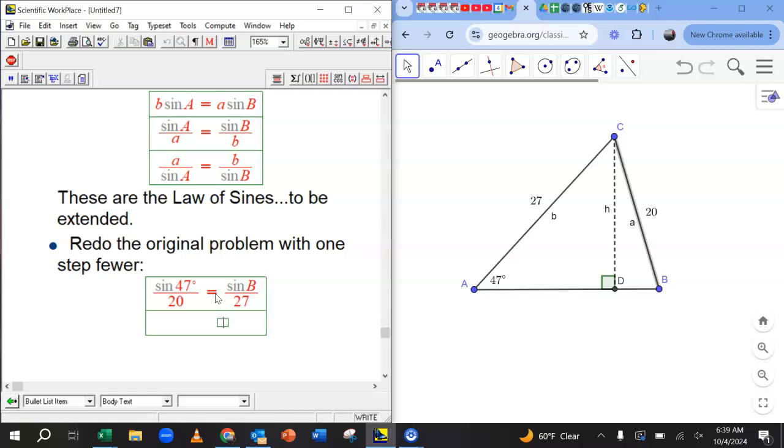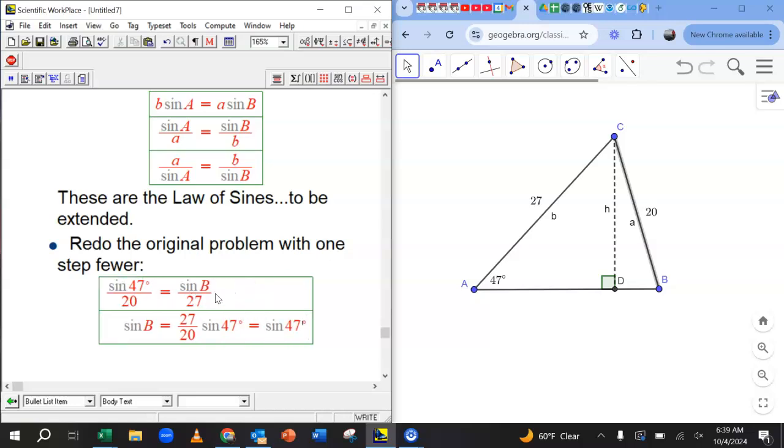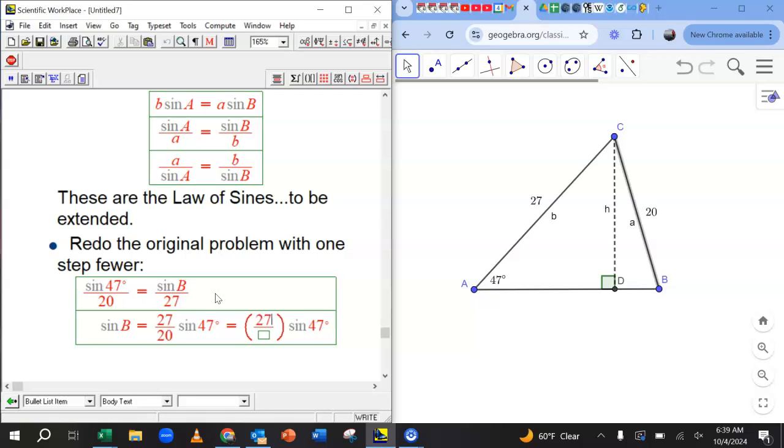We of course do have to do some algebra. So sine b, if we multiply both sides by 27, we're going to get that this is 27 sine 47 degrees over 20. I usually like to write that with the trig part kind of isolated. And then we note that that's modified by taking a ratio of sides.